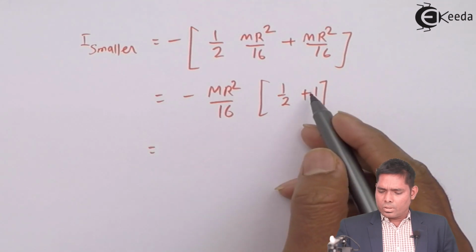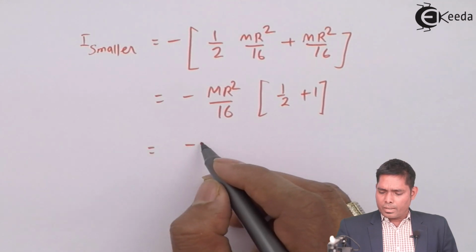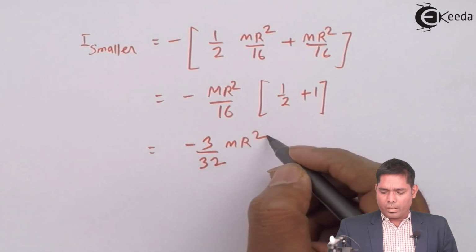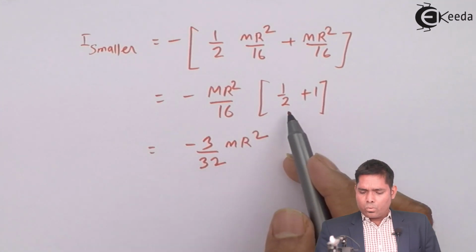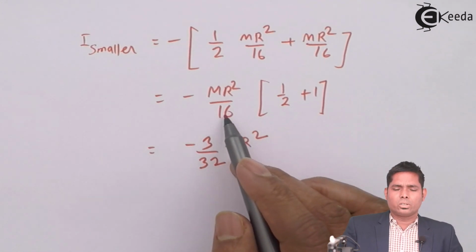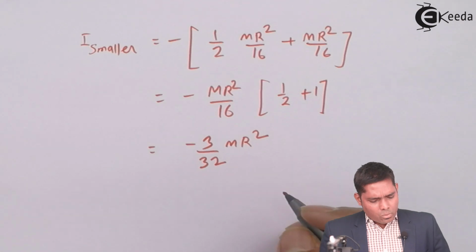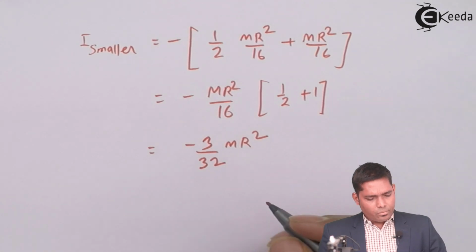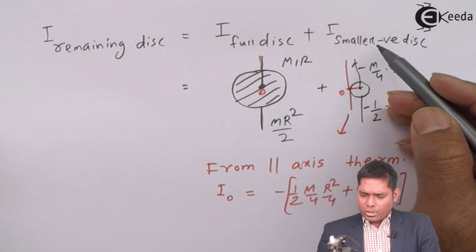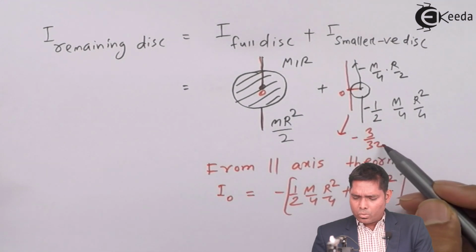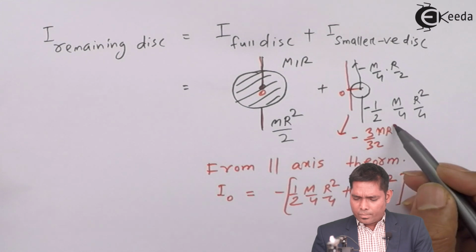So this is 3 by 2, so it is minus 3 by 32 m r square. Okay, 2 times 16 is 32, and the 3 is off, so it is that. Now I have to write this final expression, so I'm getting this is minus 3 over 32 m r square.